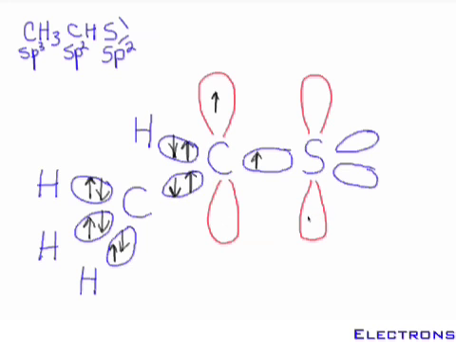So now we're ready for the sulfur. The sulfur has 6 valence electrons. 1 goes in this to make the sigma bond to carbon. 1 goes in the 2p because you've got to remember that when you link this up with the other 2p, this becomes a single orbital that can hold 2 electrons.